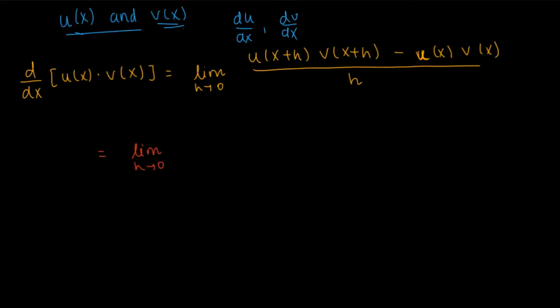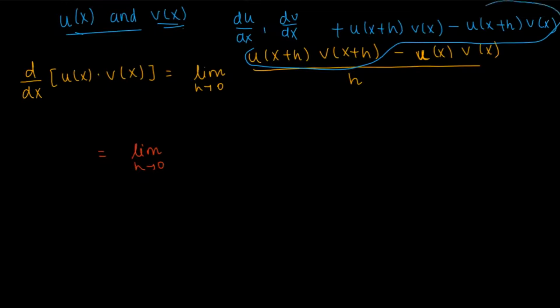However, I add u of x plus h times v of x, and then I subtract the same thing, and notice by doing that I'm not changing this entity right here. Everything just remains the same. However, you see that these two now have something in common.